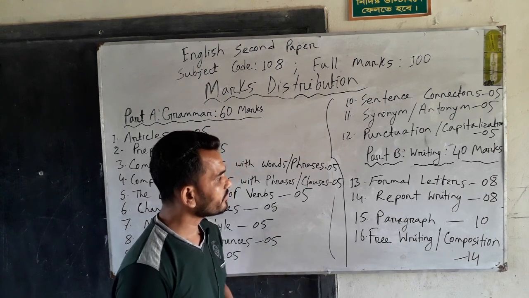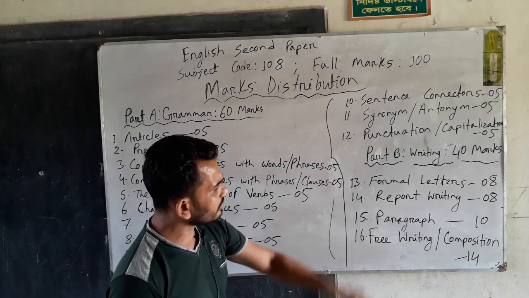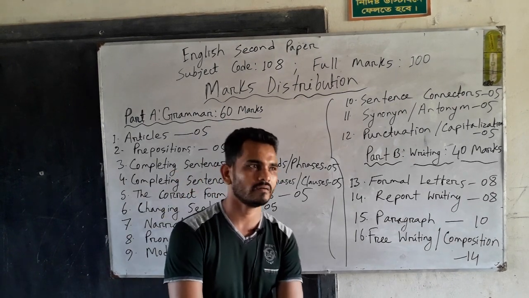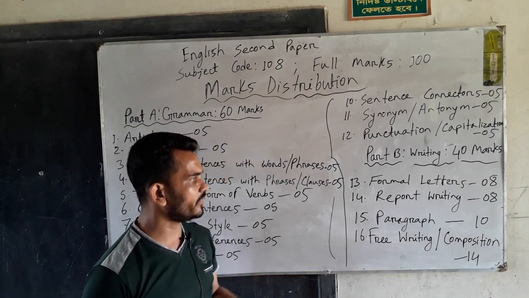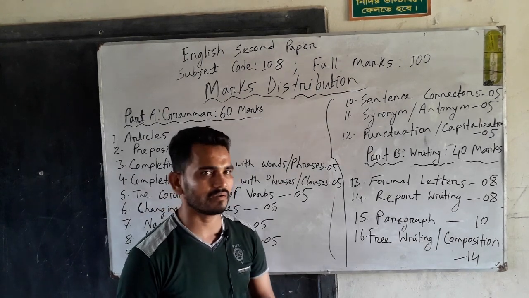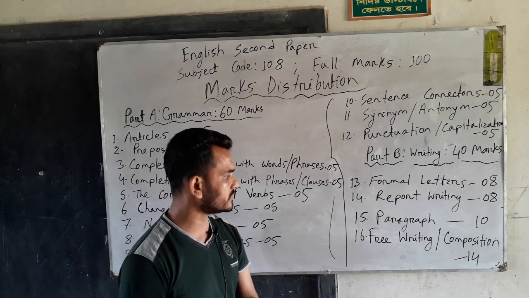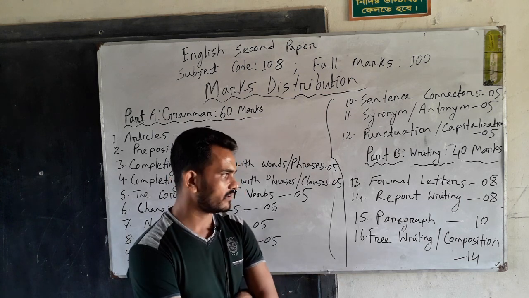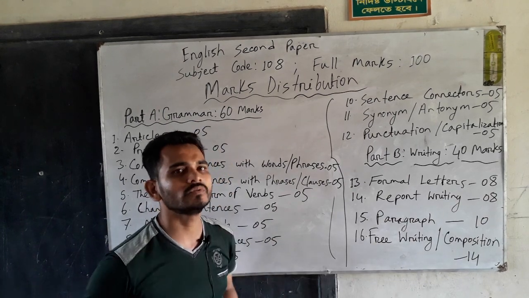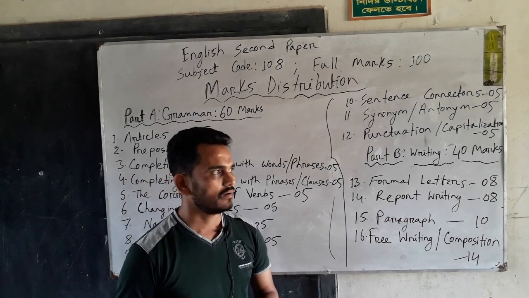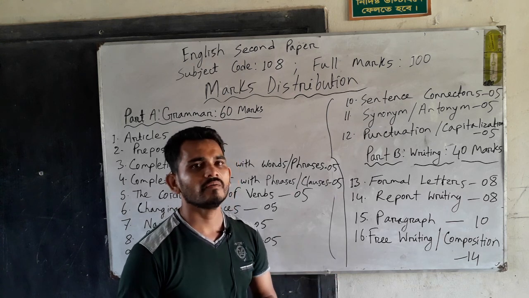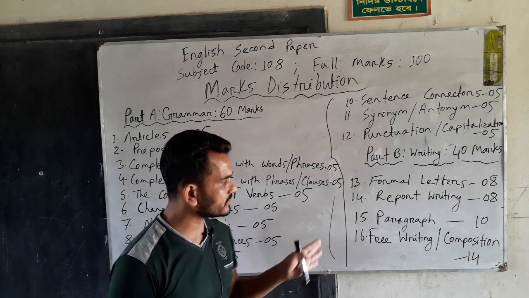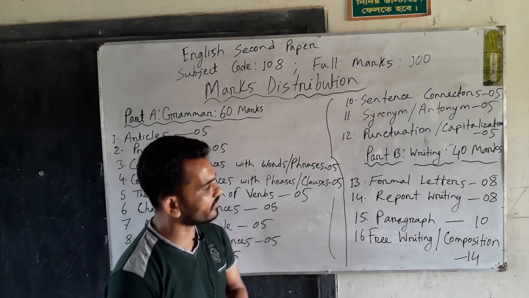And for question number 15 you will be given a topic for writing a paragraph and you will have 10 marks. Then number 16, free writing or composition. You will have to write something on a topic, or a composition. Dear learners, in these questions you will have 14 marks.